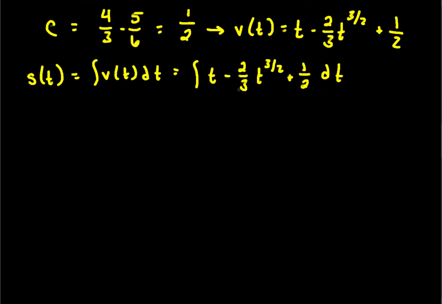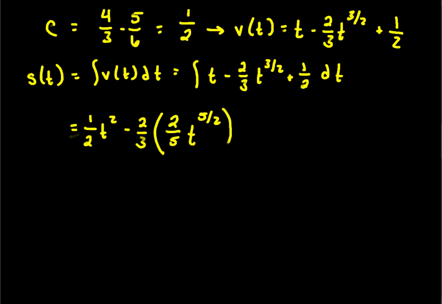And running through this, that's going to be equal to 1/2 t squared minus 2/3 times, so there's going to be t to the 5/2, and I'll be multiplying by 2/5, plus 1/2 t plus a constant.